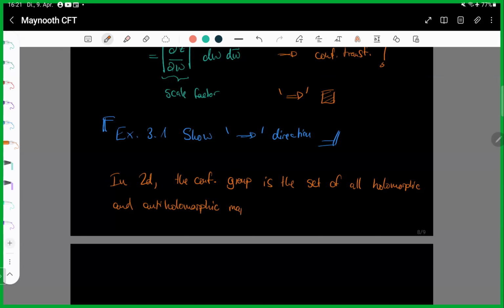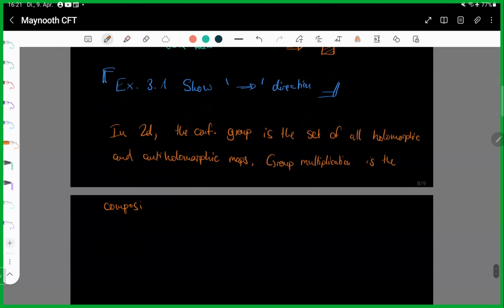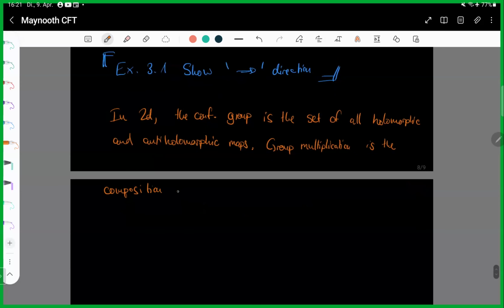So anti-holomorphic maps and group multiplications are just the standard, or group multiplication is the standard, is the composition of maps. Okay, so that's the conformal group.